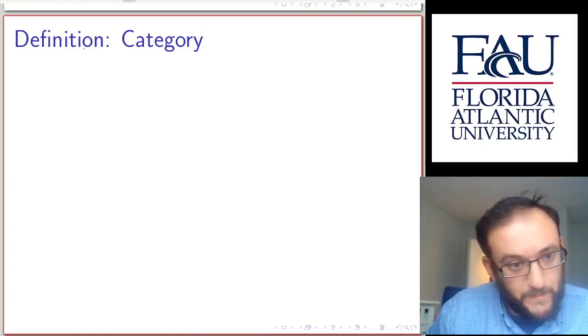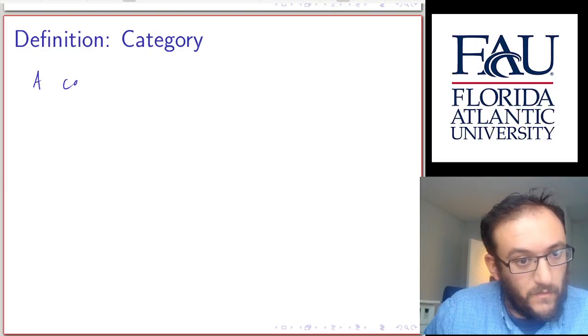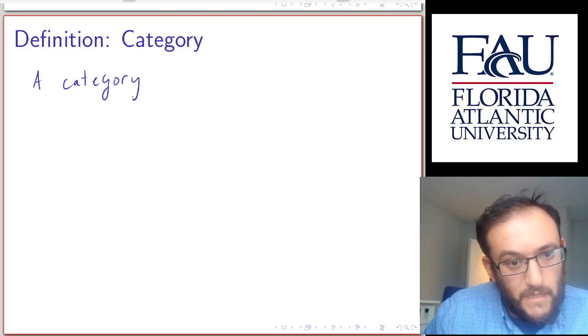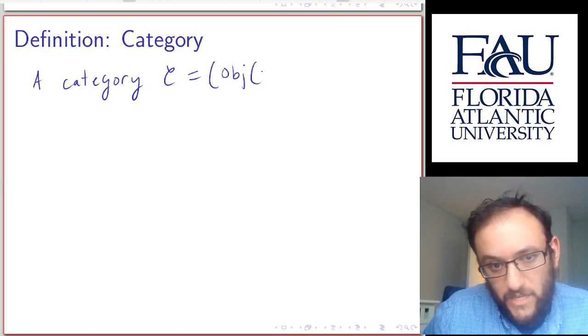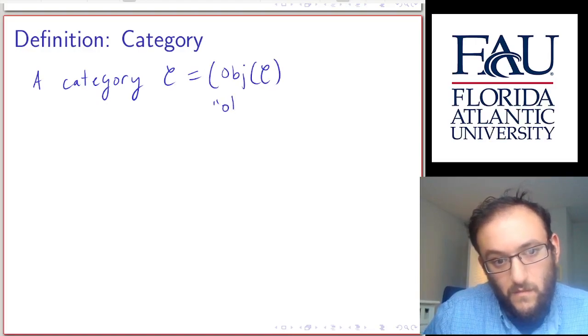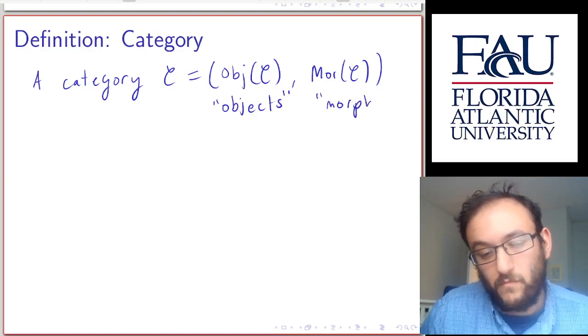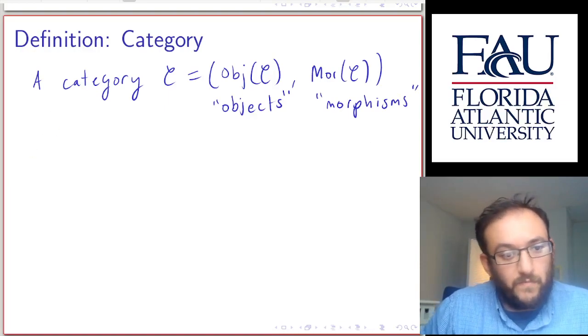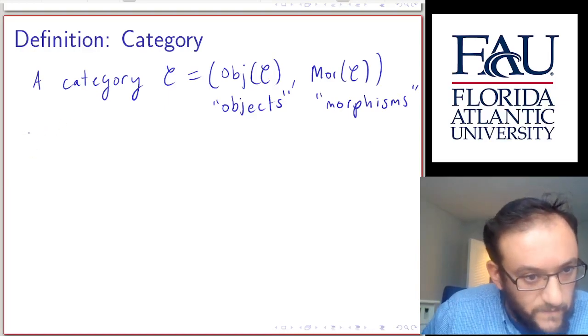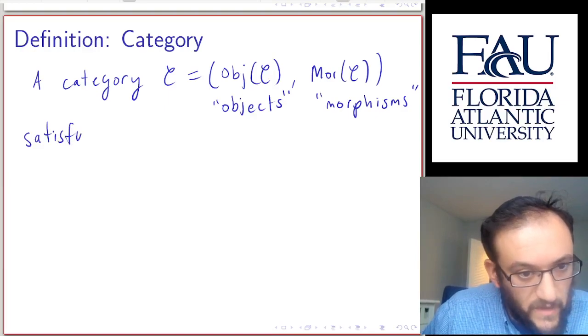A category C is given by a pair: the objects of C and the morphisms of C, where these satisfy certain properties.